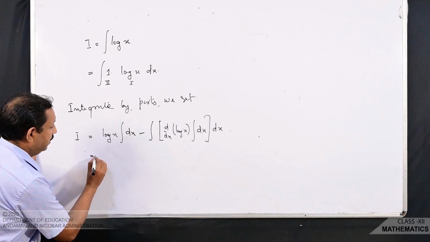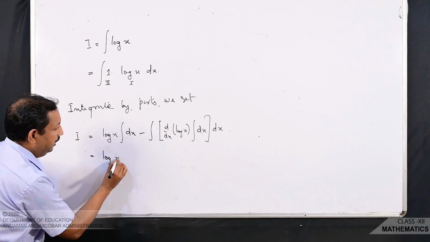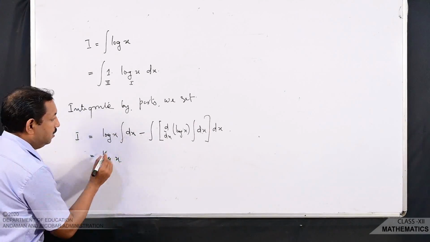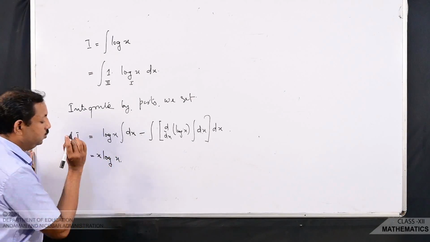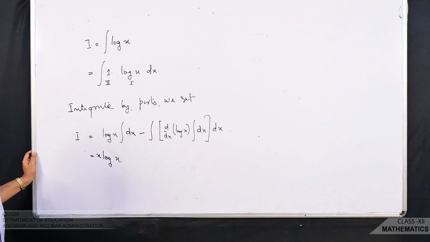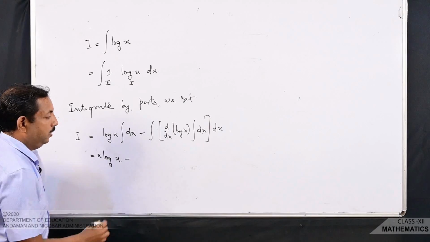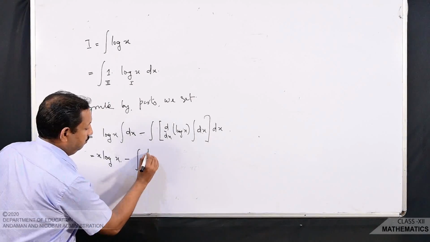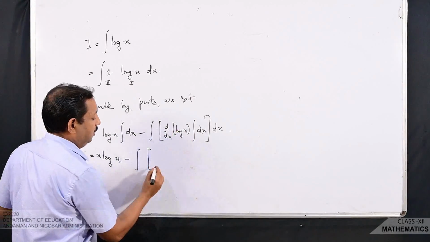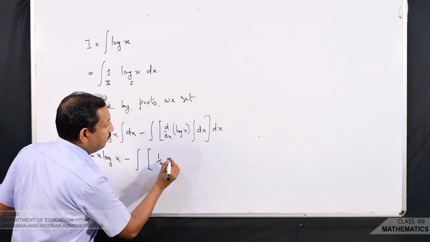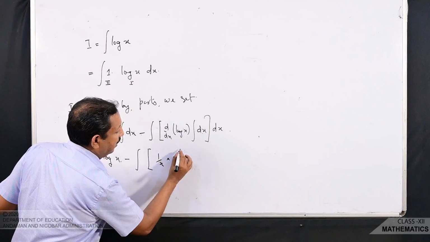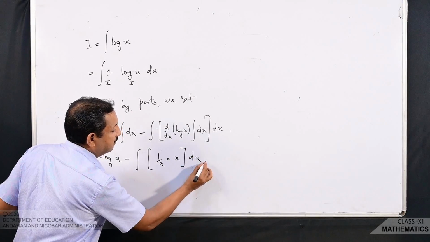Now, what happened? The integration of 1 dx, or simply dx, is x. So you have x log x minus the integration of the derivative of log x, which you all know is 1 by x, times the integration of dx, which is again x. So here it is dx.